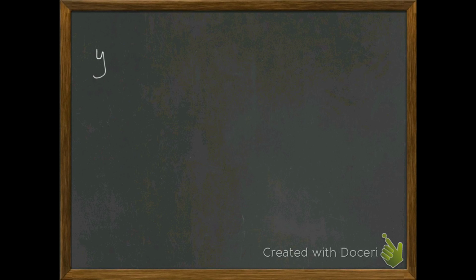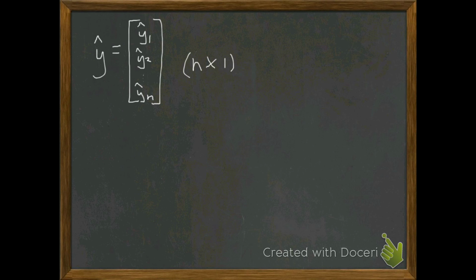So, guys, we should know that in matrices we're going to have a response matrix. It's going to be a column vector, an n by 1 column vector, such that y hat is x times b.